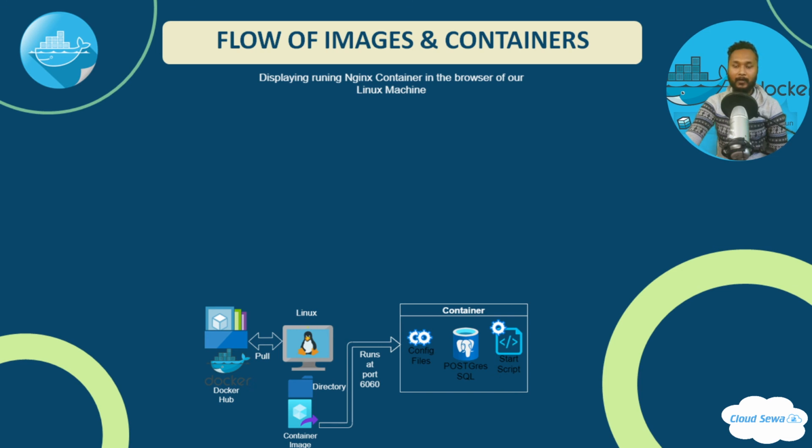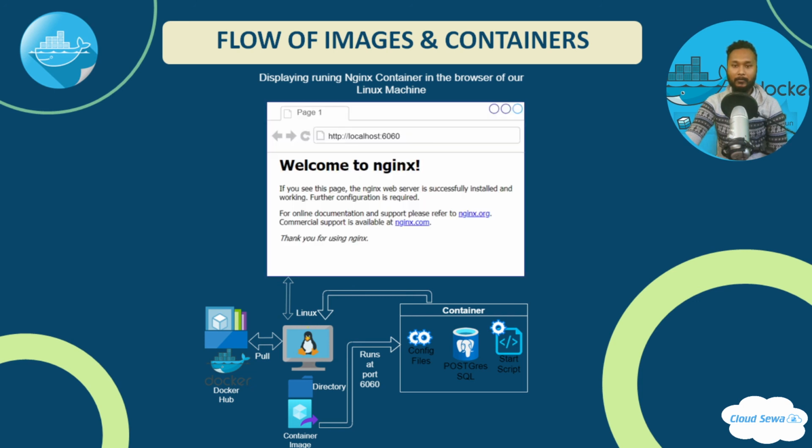Once you have the container up and running, in your Linux machine's browser you put in the URL with localhost and the port number specified for hosting that Nginx image. You have the default Nginx index HTML displayed in your Linux machine.